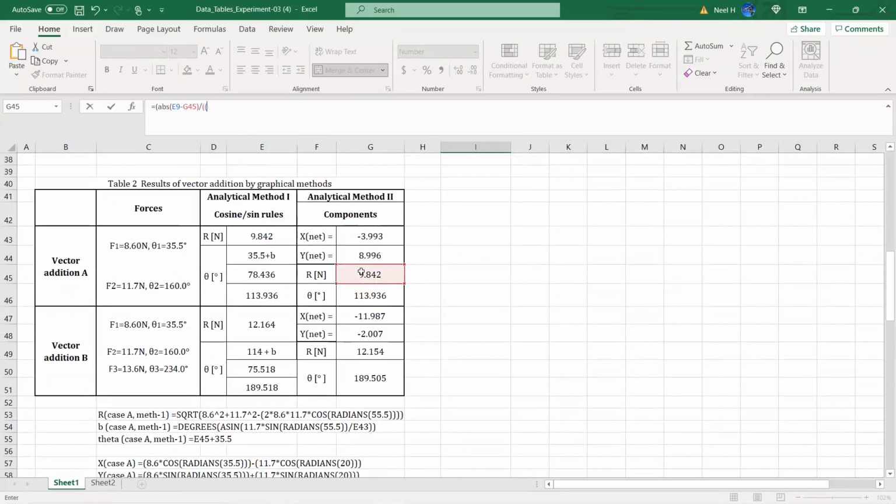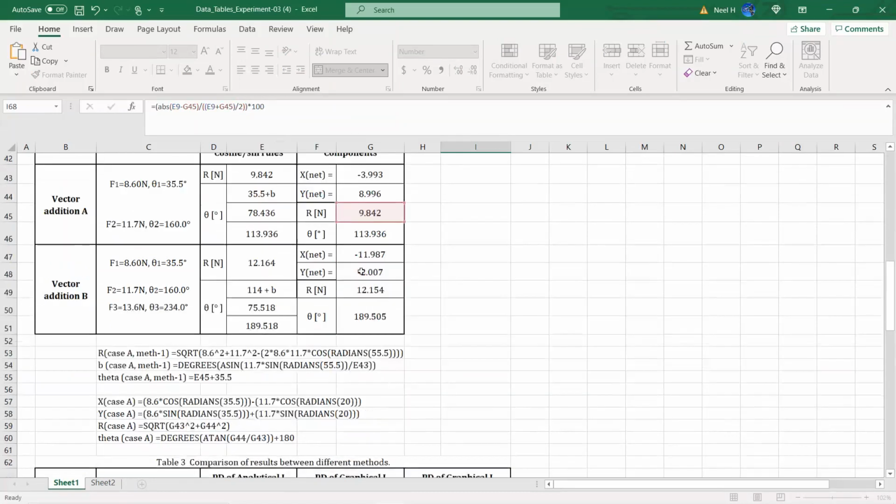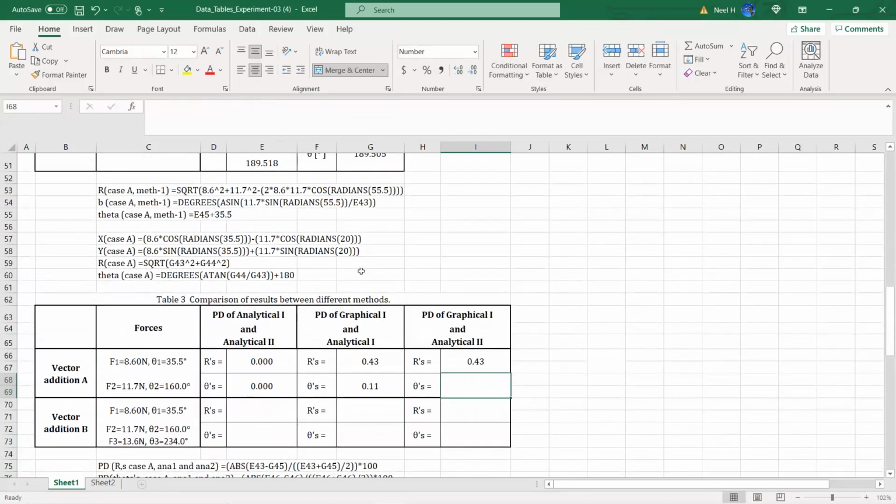Divide by open double bracket, E9 plus G45, close bracket, divide by 2, close double bracket, multiply by 100. Still, we are getting a number very similar to the previous one because analytical 1 and analytical 2 are very similar numbers, right? Only the graphical one has a rounding error. So my percentage error is very similar.